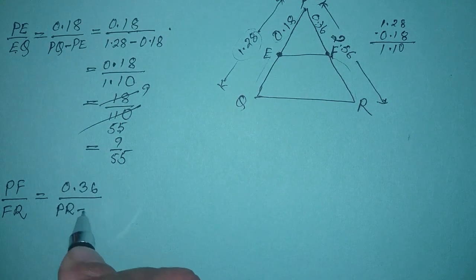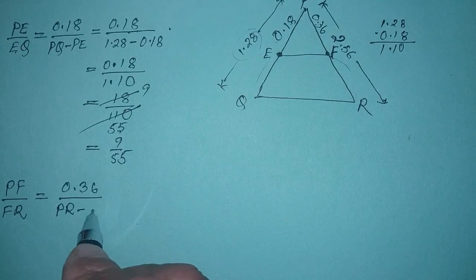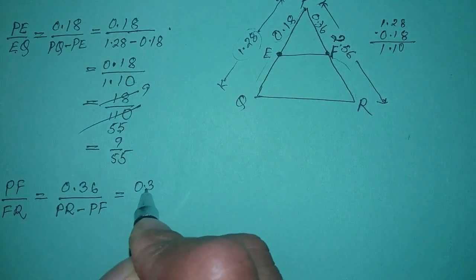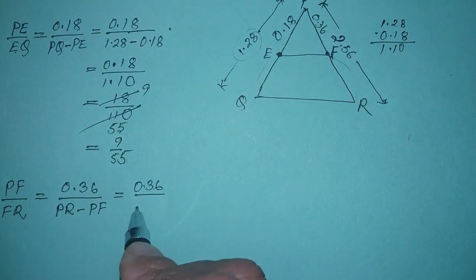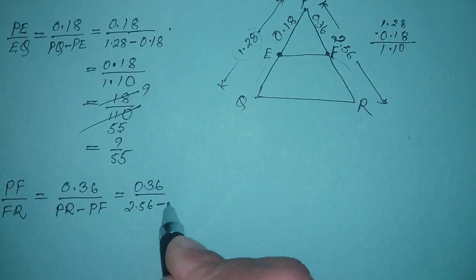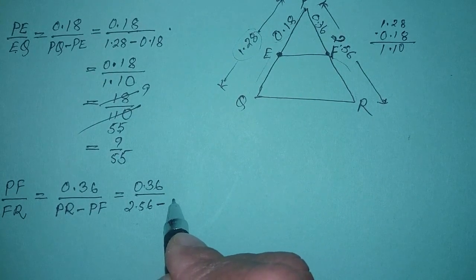So this is 0.36 by PR, which is 2.56, minus PF, which is 0.36.